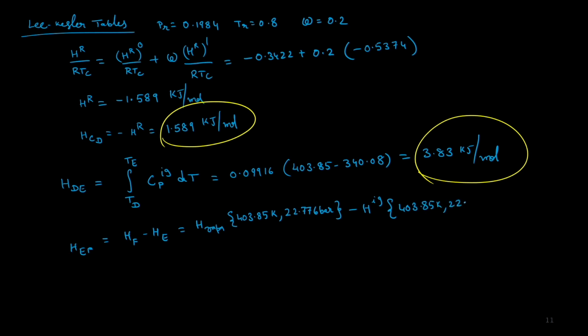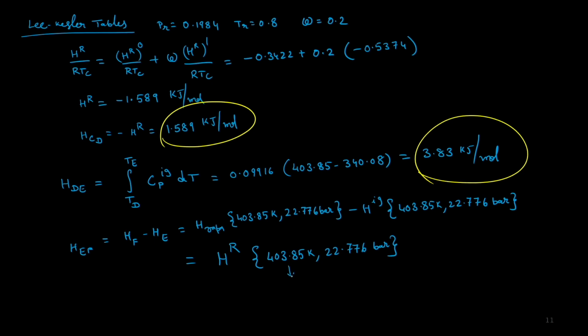This difference, we call it the residual property, as you know by now. So this is HR, the residual property at 403.85 Kelvin and 22.776 bar.